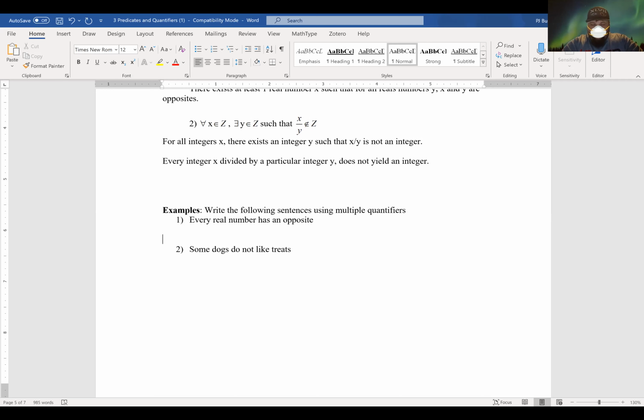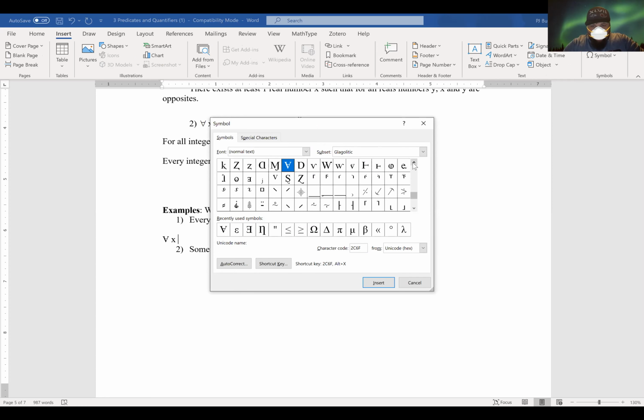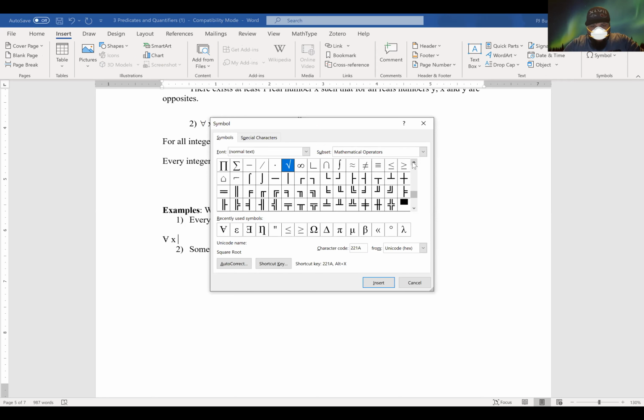So every real, kind of the same thing as for all. So I need that guy. So for all, and I'll say x that is, actually let me go see if I can grab the other e.